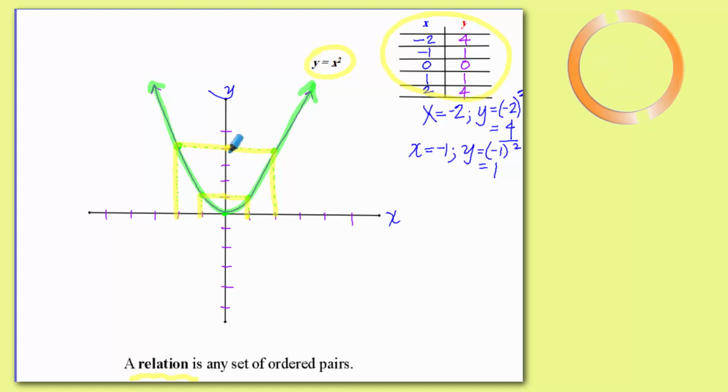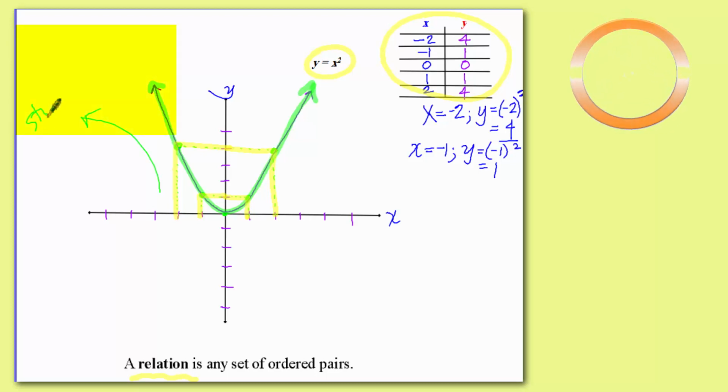Now this is still a function. Why is it still a function?